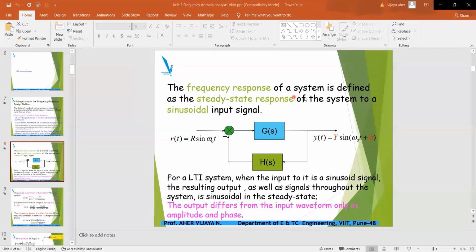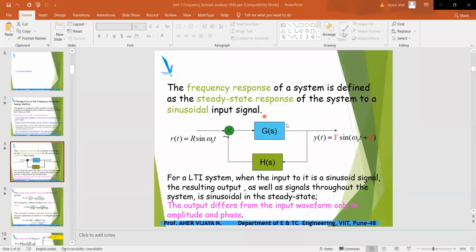The frequency response of a system is defined as the steady state response of the system to a sinusoidal input signal.